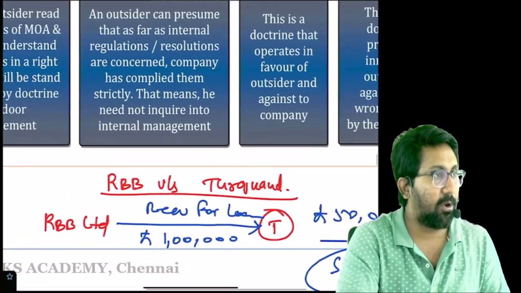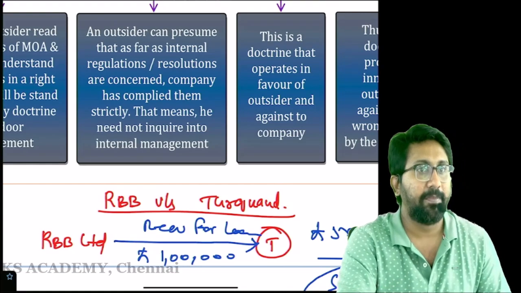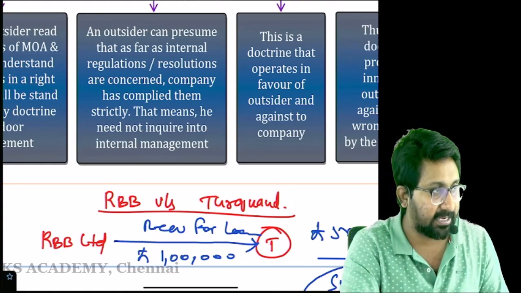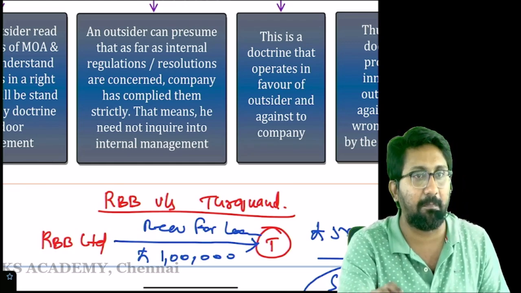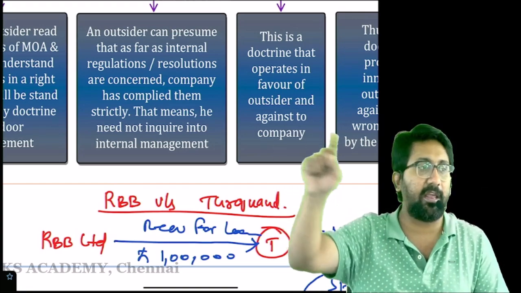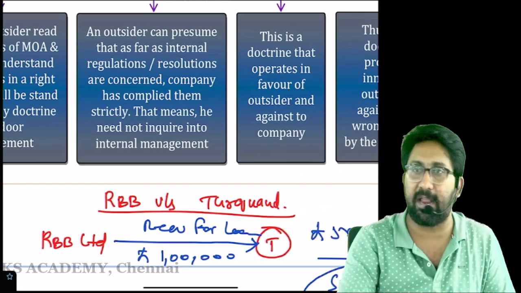An outsider can presume that as far as the internal regulations or resolutions are concerned, the company has complied with them strictly. That means he need not inquire into internal management.